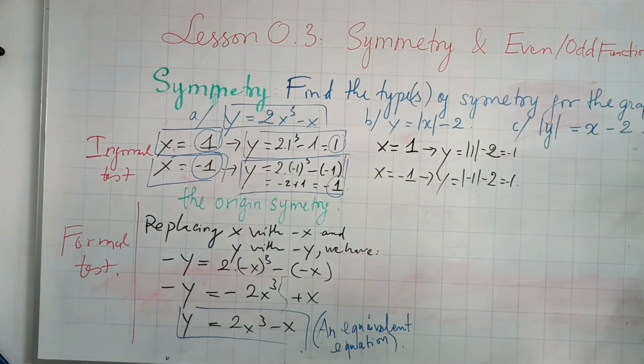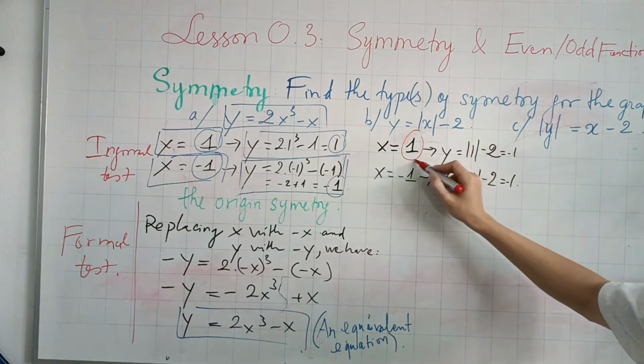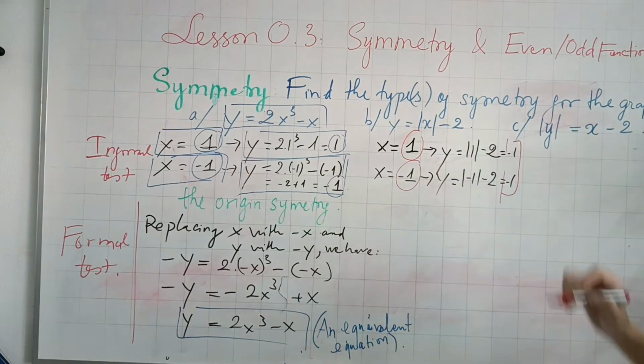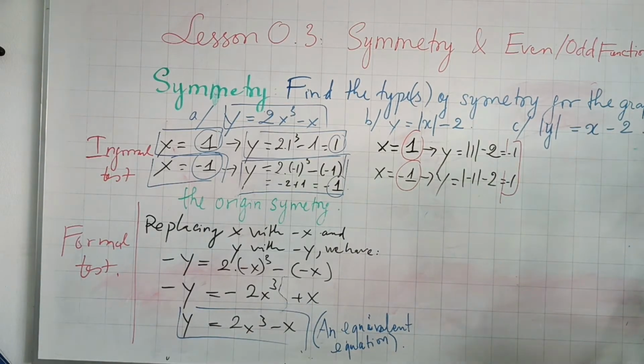So here, x equal 1 or negative 1 has the same y value. So it is y-axis symmetry.